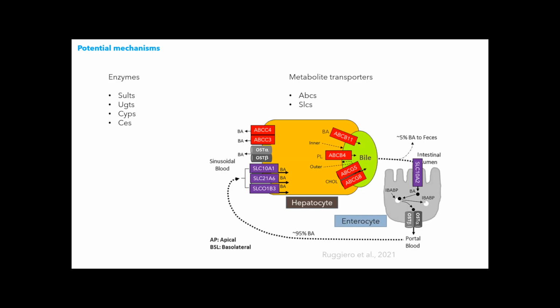Some of those SLCs and ABCs have been described as able to uptake metabolites from the portal blood into the interior of the hepatocyte. Additionally, some ABCs are involved in secreting metabolites from the hepatocyte to the bile duct.